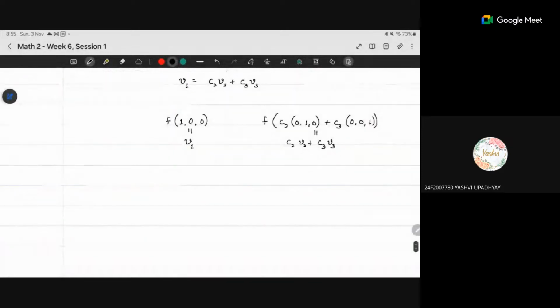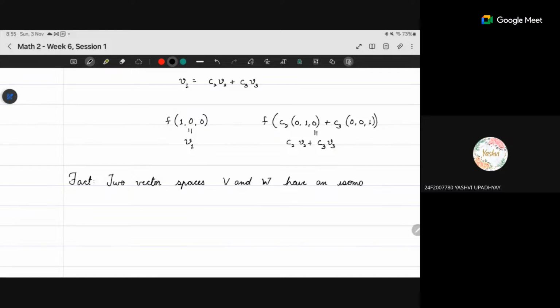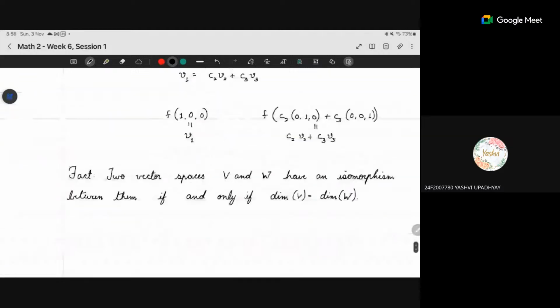So the fact is, two vector spaces V and W have an isomorphism between them, people also call it they are isomorphic to each other, if and only if dimension V is equal to dimension W. So here you saw that dimension can be an obstruction, but this fact says that it is the only obstruction.